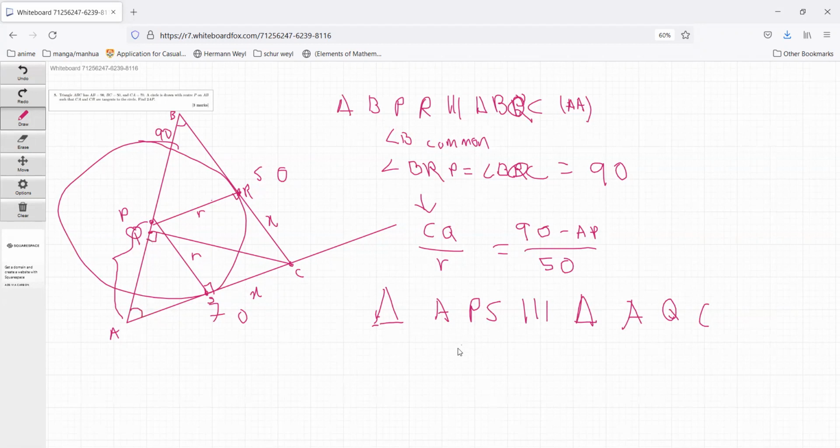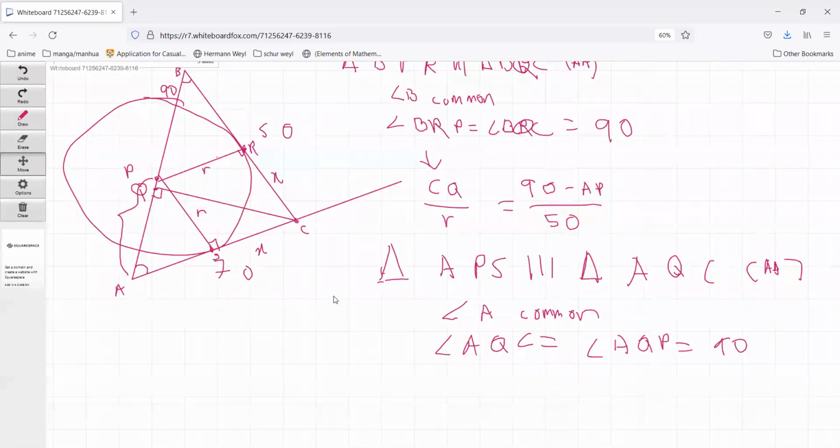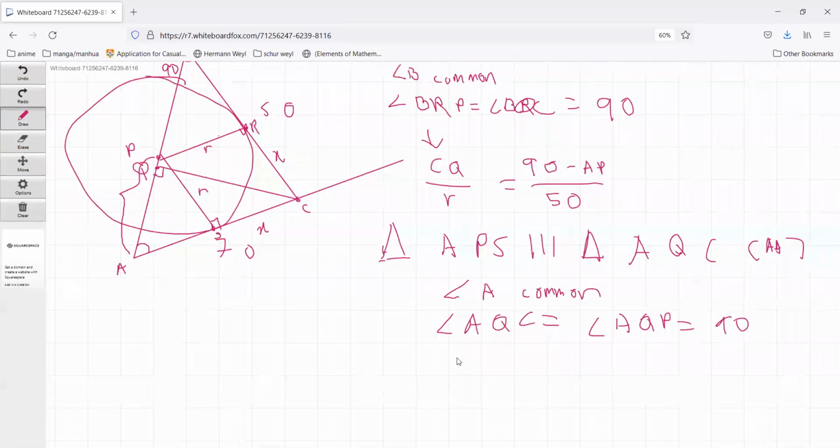Angle AQC is equal to the angle ASP, which is equal to 90. So this is equiangular again. And so from this triangle, we have CQ on PR equals AP on 70, right?